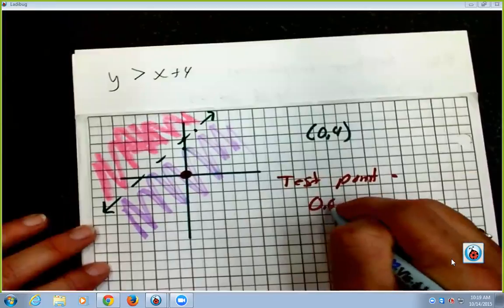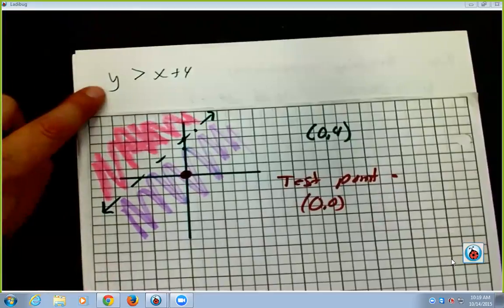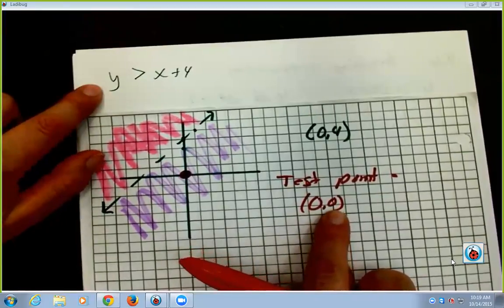So if 0, 0 is not on my line, I can use it as a test point. A test point means that whatever I have for an equation, I can go back and plug 0, 0 into it and see if it makes it a true solution.